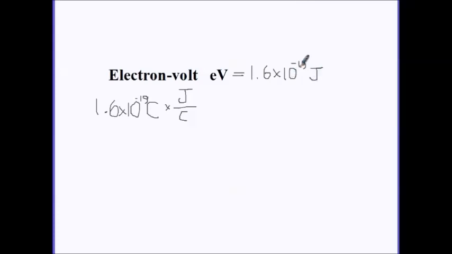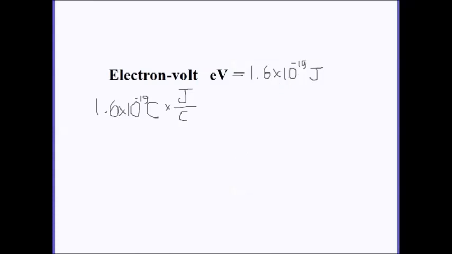It is a very, very small fraction of a joule, very appropriate for the energy of one oxygen atom combining with one other oxygen atom. You need to be able to convert between electron volts and joules, and basically you either multiply or divide by this number depending on whether you want to make it bigger or smaller.